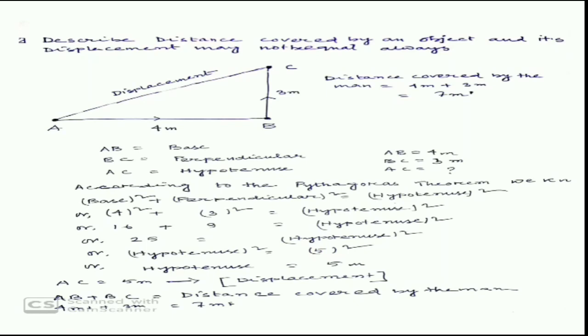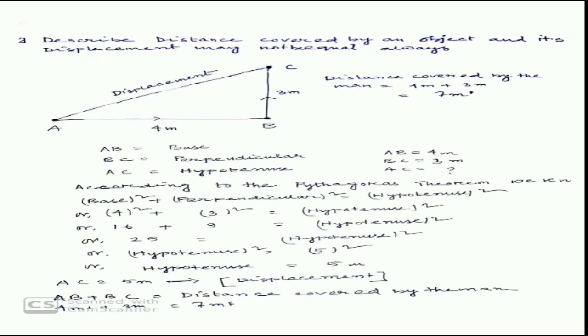So 4 square plus 3 square is equal to hypotenuse square. So 4 square means 16 and 3 square means 9. So 16 plus 9 is equal to hypotenuse square, and 16 plus 9 is equal to 25. 25 is equal to hypotenuse square, or hypotenuse is equal to 5.